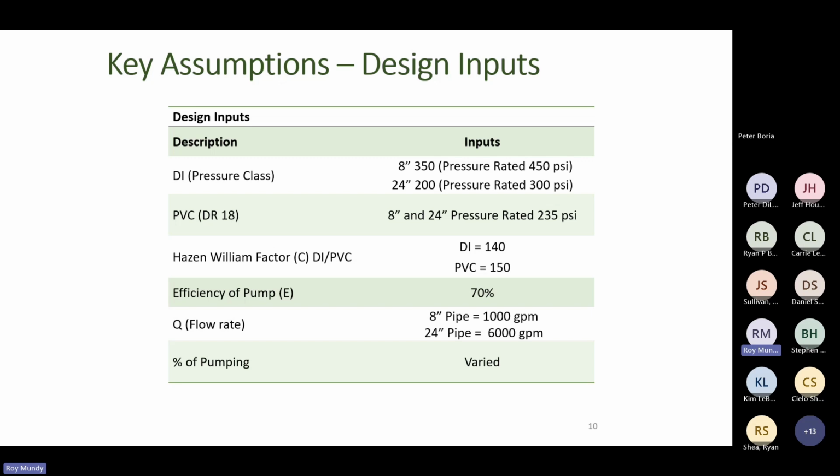In the flow criteria, they used 1,000 GPM for 8-inch pipe and 6,000 GPM for 24-inch pipe. Once again, getting into the concept that your larger diameter mains in many systems, and of course that varies depending on the size of the system itself, are transmission mains with larger flows, many of them coming straight out of the plant.